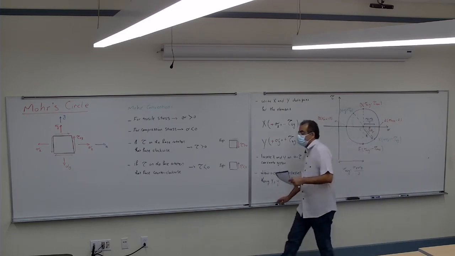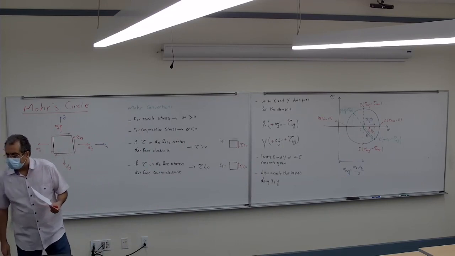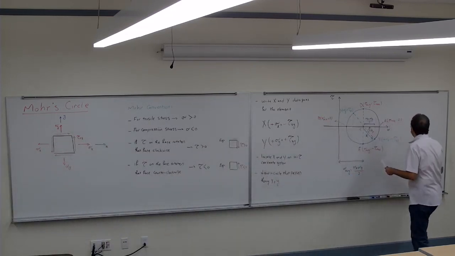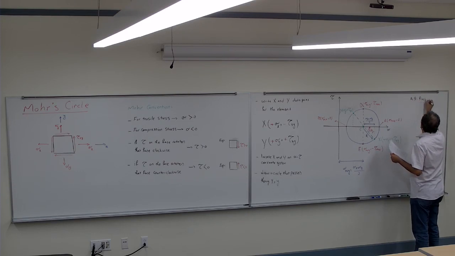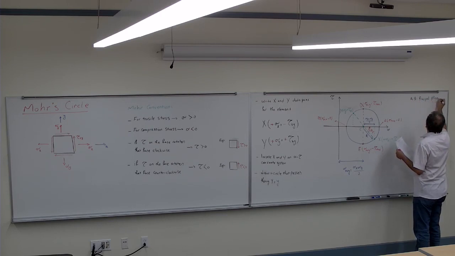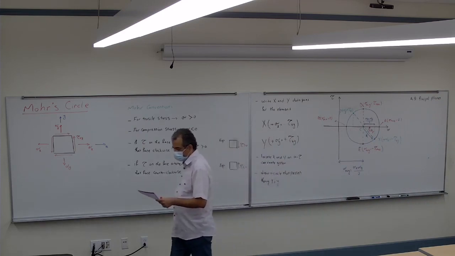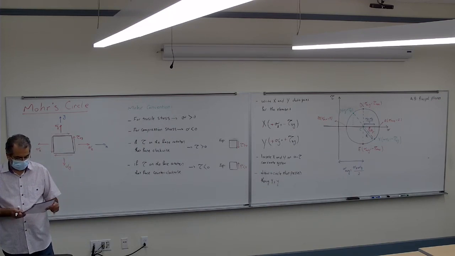So a couple of points. A and B are principal planes. So that's where you get the maximum and minimum stress, the sigma max and sigma min.